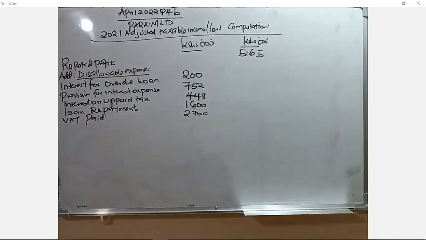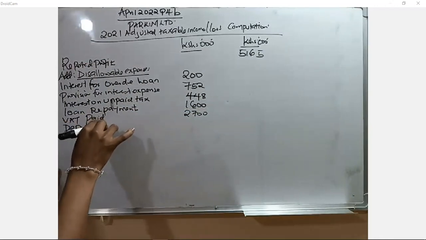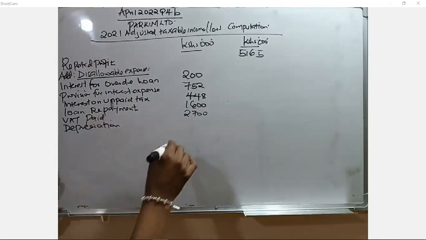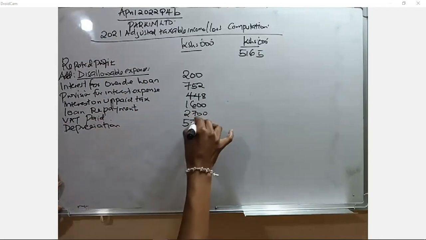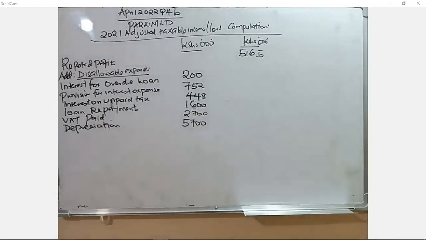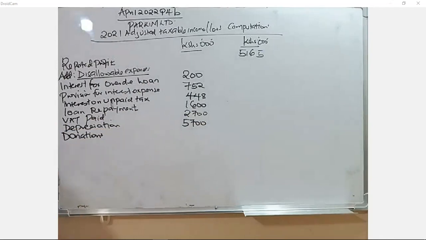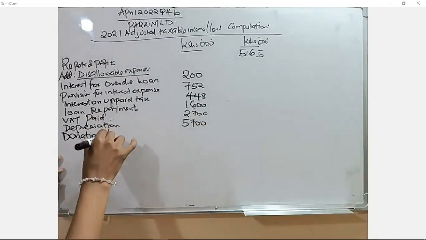2,700. Depreciation, we said we don't recognize depreciation. Depreciation amounted to 5.7, right? And I've been told we have donations to a political party. We say the only donation we can accept is to charitable organizations.